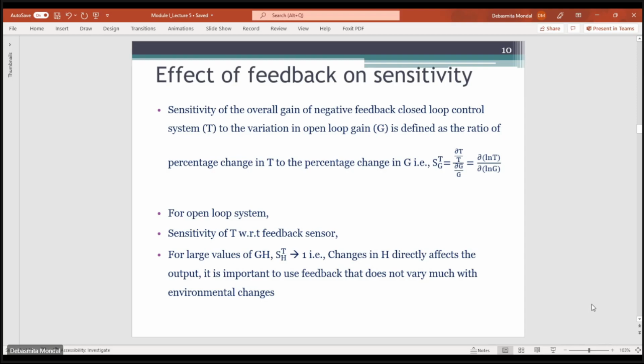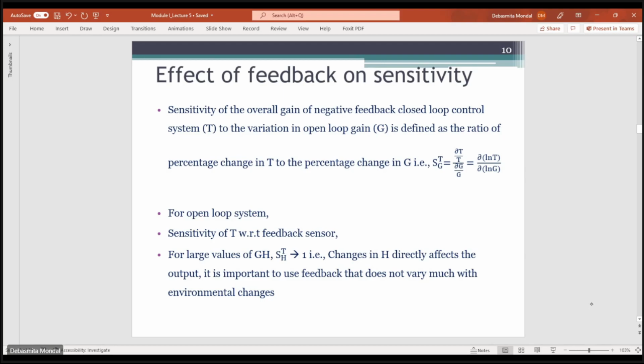If the overall transfer function is given by T, then the sensitivity of this overall transfer function or overall gain T to the variation of the open loop gain G is defined as the ratio of the percentage change in T to the percentage change in G.